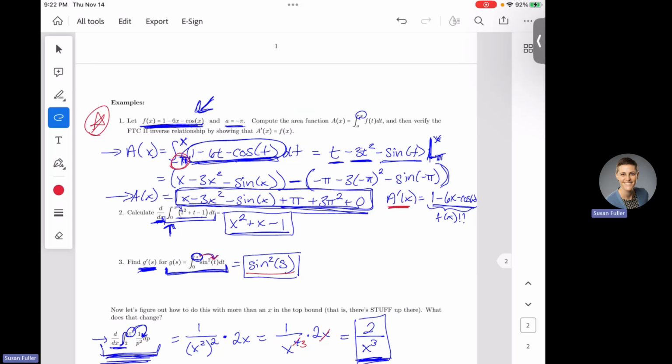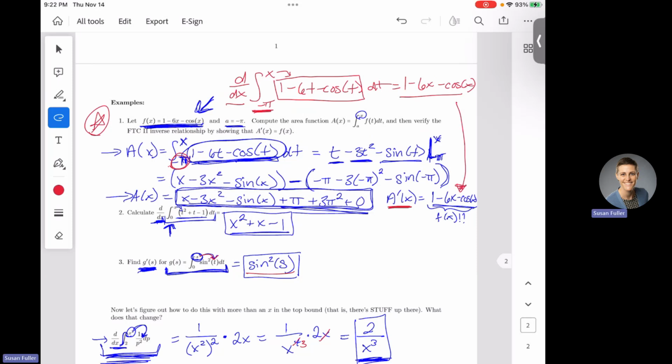In the end, we took a derivative of this integral, so really what we did was take the derivative of this area function. When we take the derivative of this integral, they cancel each other out. I end up right back where I started, but with a variable swap. And that's why we ended with 1 minus 6x minus the cosine of x. That's what we did end up with when we did this the long way.